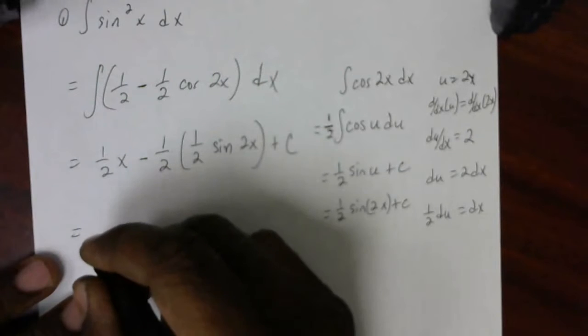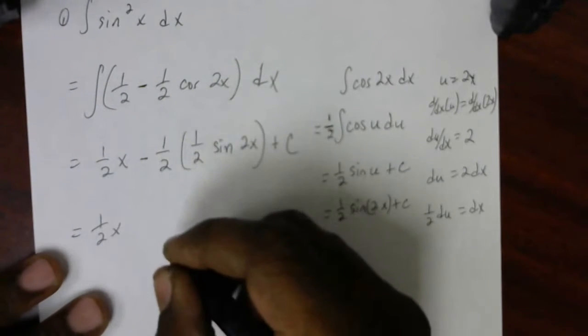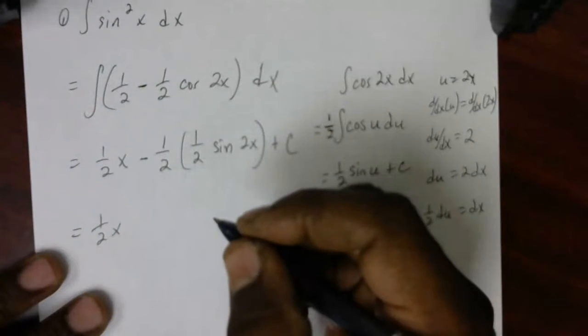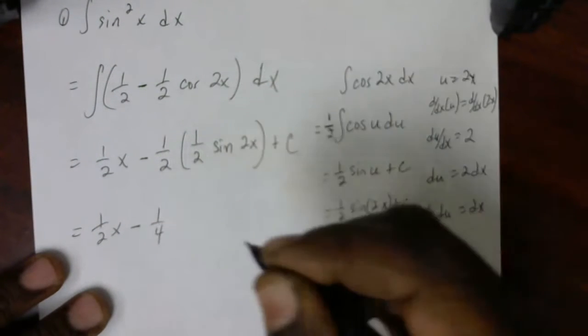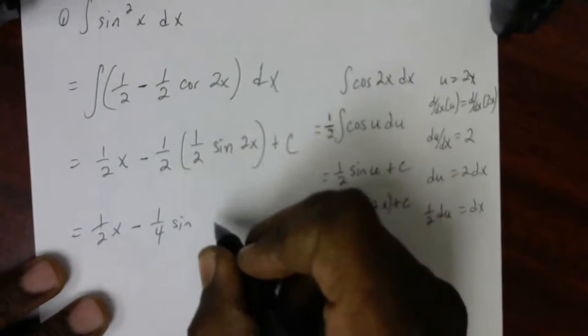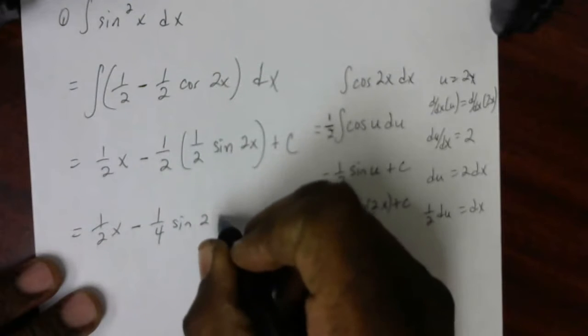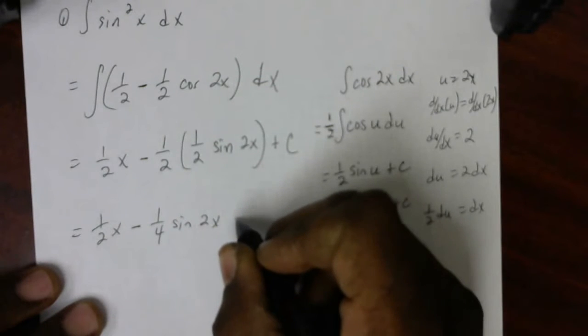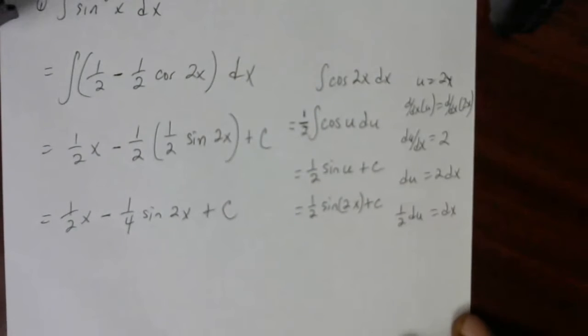So I can simplify this as 1/2 x minus 1/4 times the sine of 2x plus the arbitrary constant.